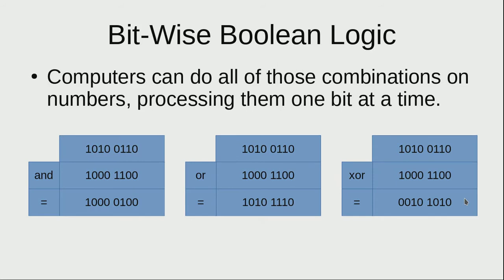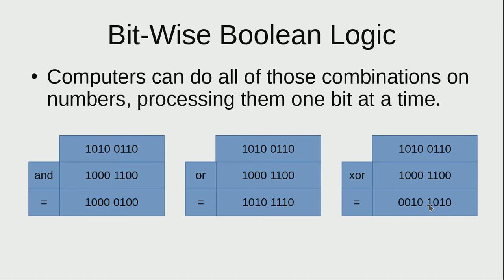With XOR, you tend to end up with about the same number of ones, interestingly enough. 0 XOR 0 gives you 0. 1 XOR 0 gives you 1 because they're different. 1 XOR 1, they're the same, so they give you 0. 0 XOR 1 gives you 1. When I say tend to, what I mean is that's kind of the pattern.